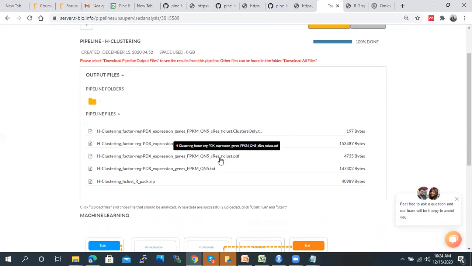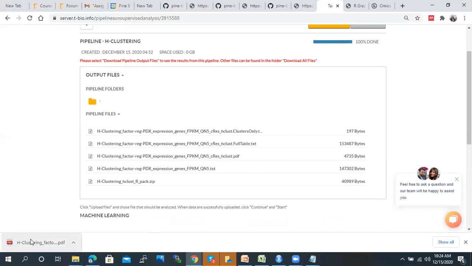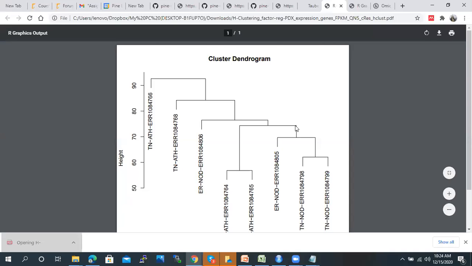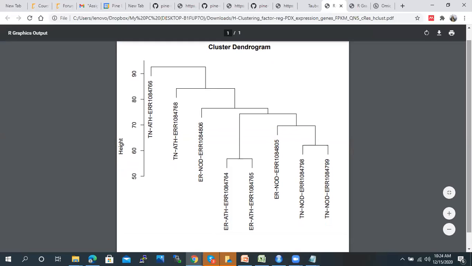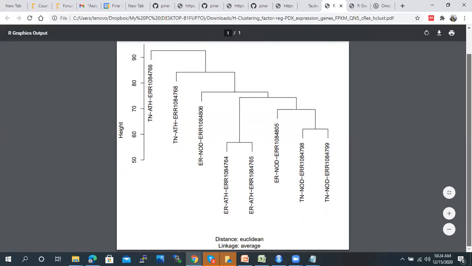So first I am just considering this output, that is the PDF file. If you look at this now, we have obtained something like this, a dendrogram.